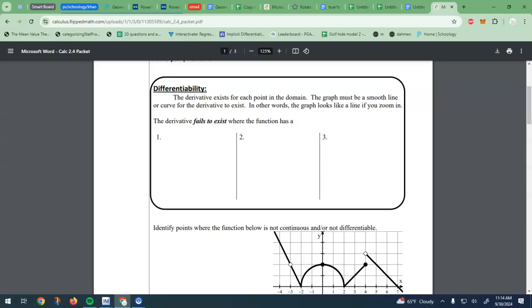If we're straight up, what's the slope? Undefined. So what's the derivative? Undefined. Slope and derivative are like the same idea. If the slope is undefined, that means it's something over zero, and so is the derivative. So the slope and derivative are undefined.